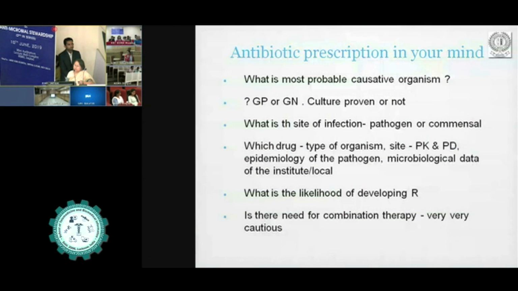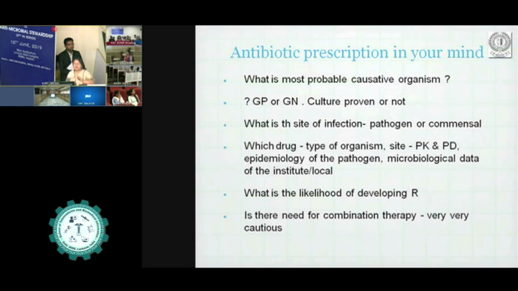PK-PD has become very important, particularly the PD. When we say pharmacokinetics, it is the time and the concentration of the drug in the body. Whereas pharmacodynamics involves the concentration of the drug and the antimicrobial effect of that concentration at that particular site.